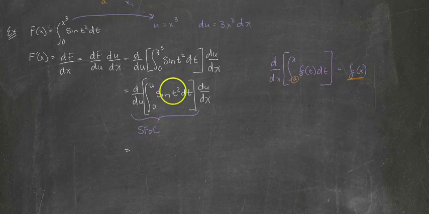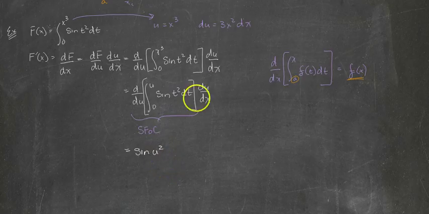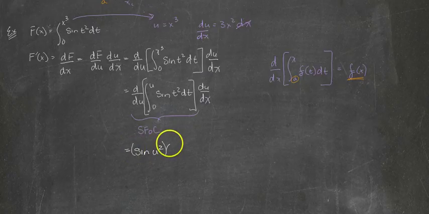So that lets me rewrite all of this as just sine u squared. And now I have to write times du dx. Well, du dx is easy enough. If I divide both sides by dx, then I get du dx equals 3x squared. So I have sine u squared times 3x squared.